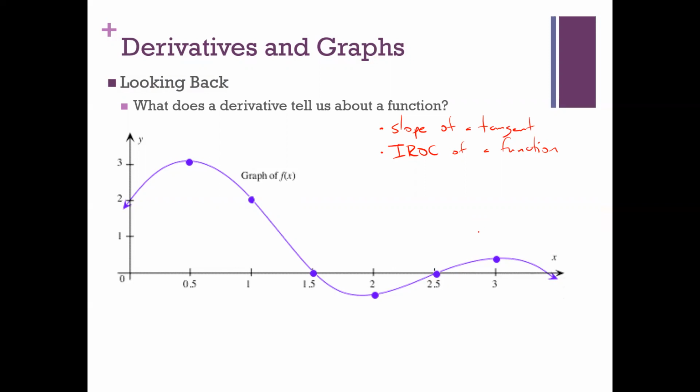Okay, so in this case, where would the derivative be equal to 0? So you agree with those three places? Anywhere else where the derivative might be equal to 0?